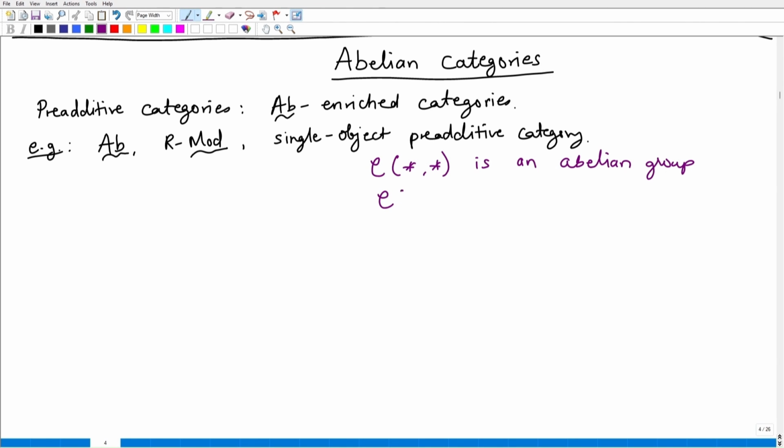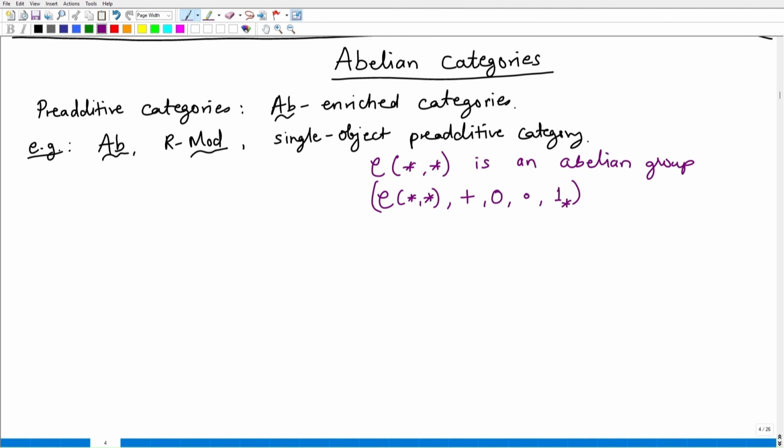So now what kind of structure do we have? C star star is a set, and because it's pre-additive it has an addition structure, plus and 0. Then it has a multiplication structure, namely composition, and also the identity.